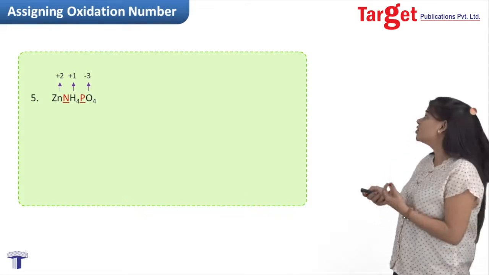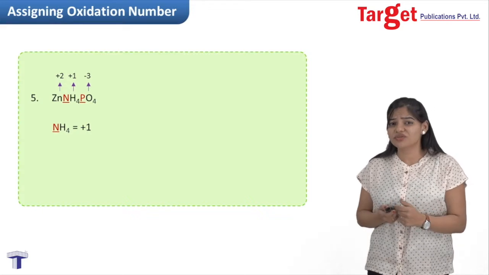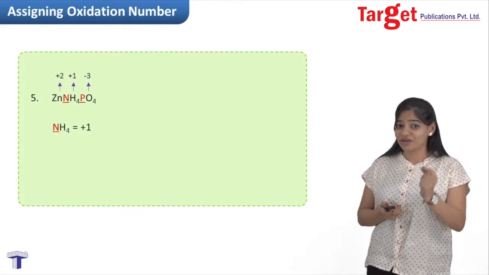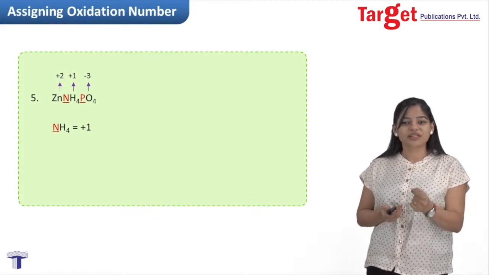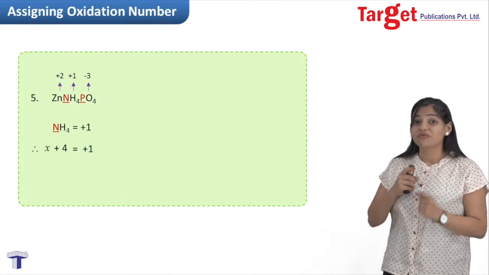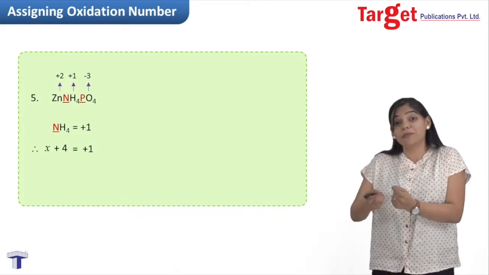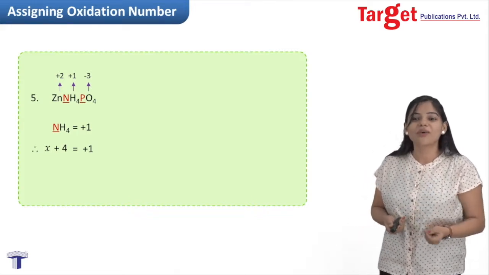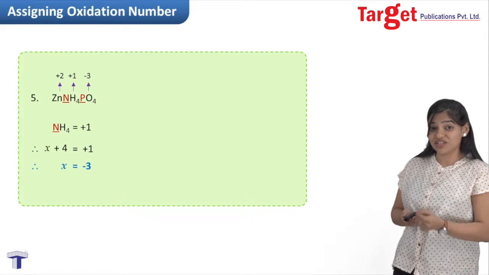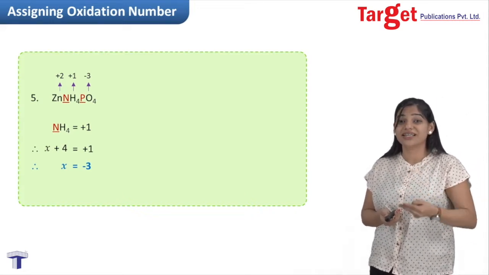Now since we know NH4 is equal to +1, and out of NH4 we know hydrogen is how much? +1. So taking the value of nitrogen as X, hydrogen will be 4, equated to +1 as NH4 as a whole will be +1, right? So we get the value of X as -3, that is, nitrogen oxidation state here is -3, it has accepted 3 electrons.